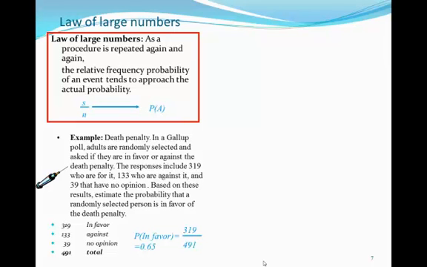Using the law of large numbers, the probability of event A, being in favor of the death penalty, equals the number of people in favor divided by the total surveyed, which is 319 over 491, which is equal to 0.65.